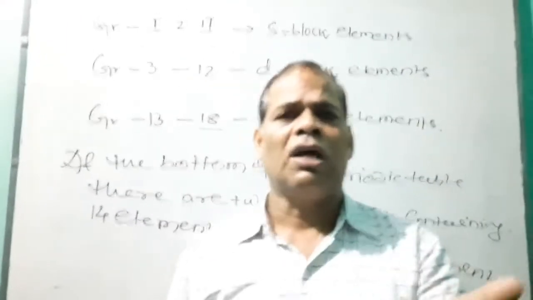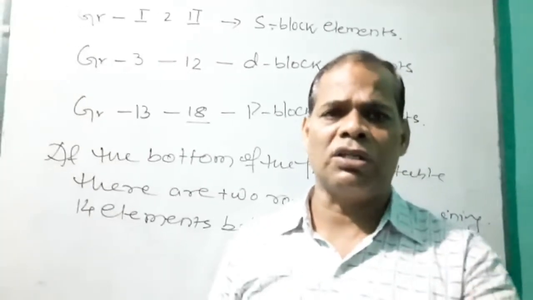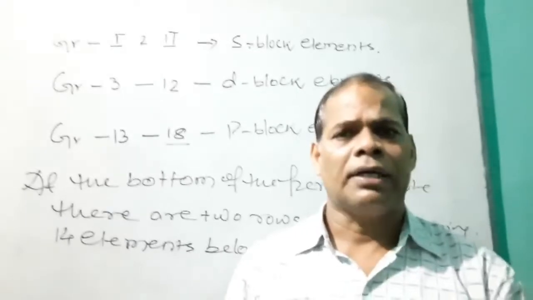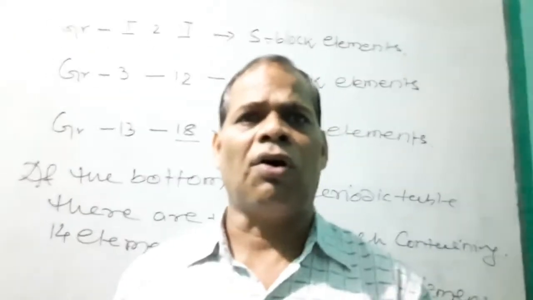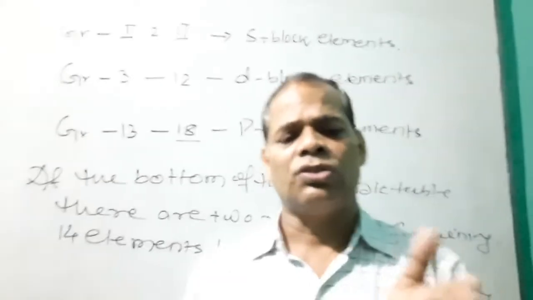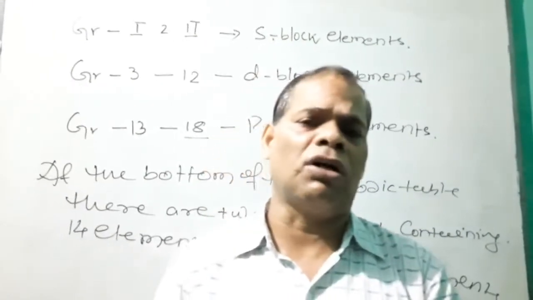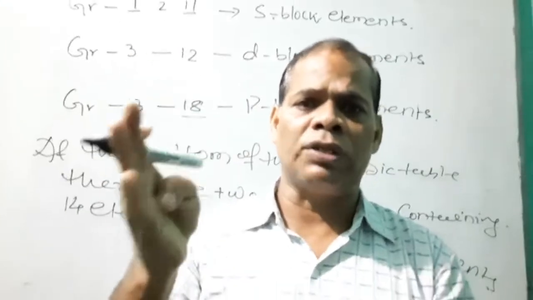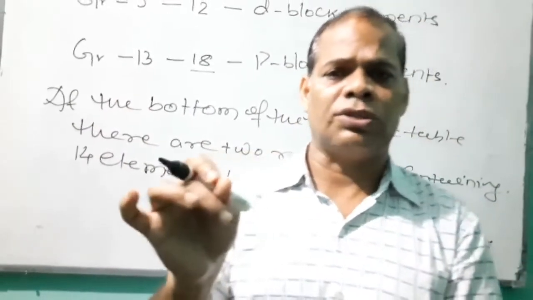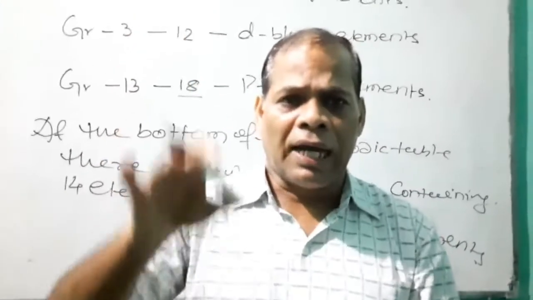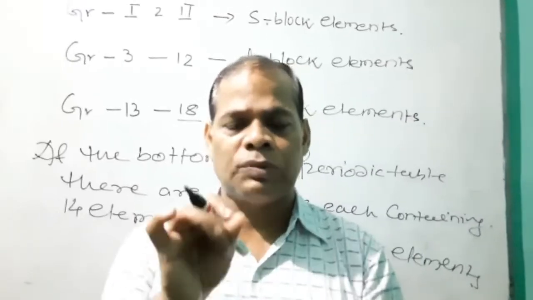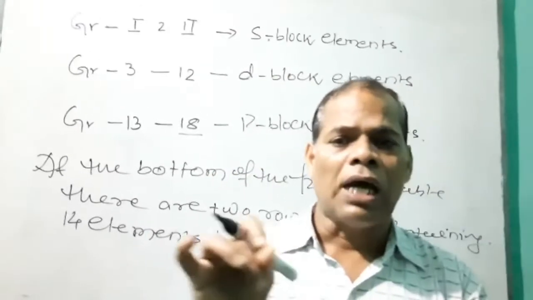Halo means salt, gen means producer. These elements have the property that when they react with metal they form salt. So commonly it is called halogen. Group 17 is known as halogen.